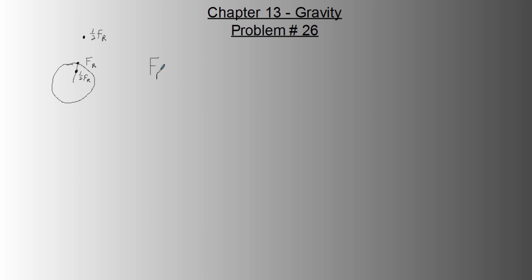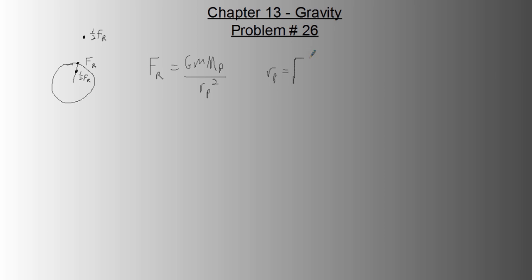Alright, so first off, what is Fr? Well, Fr at the surface is big G times your mass times the mass of the planet over the radius of the planet squared. If we solve this for the radius of the planet, let's rearrange.